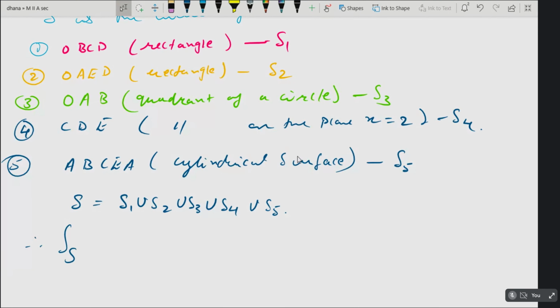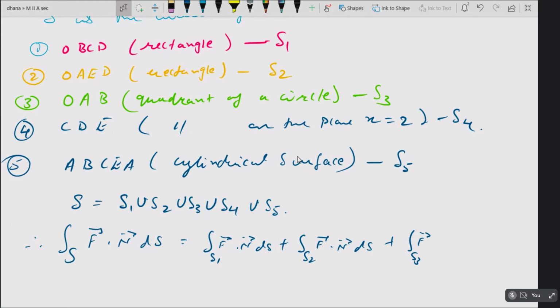Therefore, my surface integral of f dot n bar dS will be equal to the integral over S1 of f bar dot n bar dS plus the integral over S2 of f bar dot n bar dS plus the integral over S3 of f bar dot n bar dS.